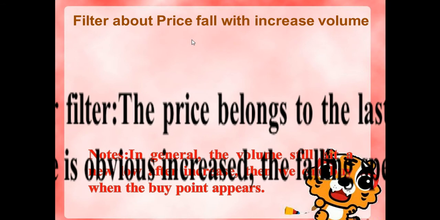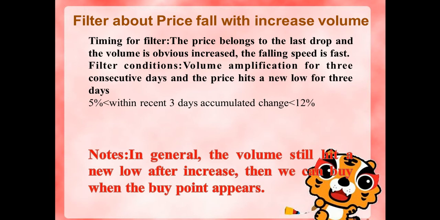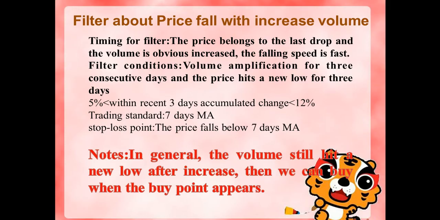So, filter by price drop with increased volume. This one is a little complicated, but I think it's not complicated, because if you have the software, it's simple. What does that mean? Later I will show you.